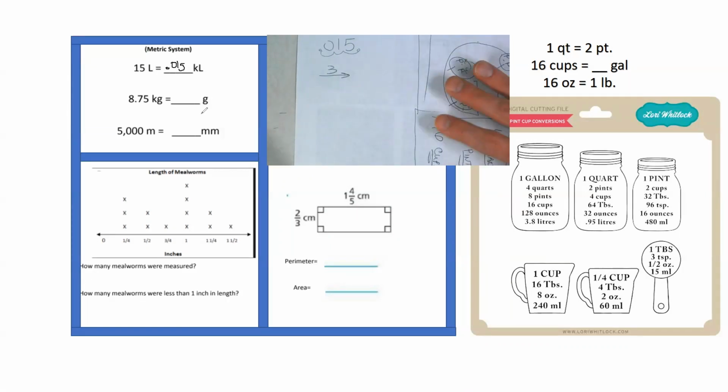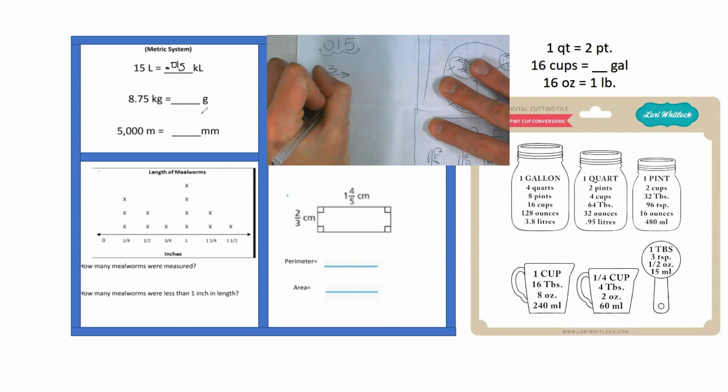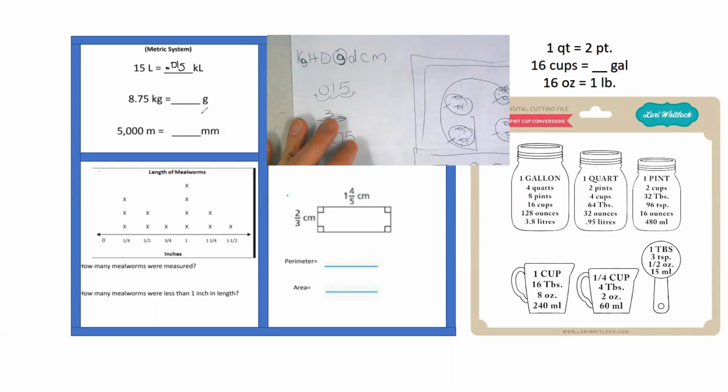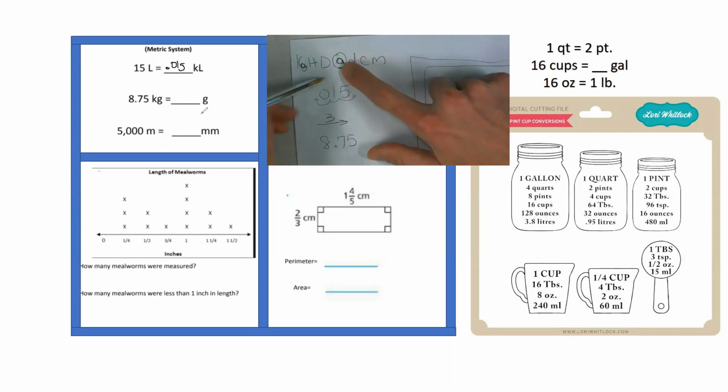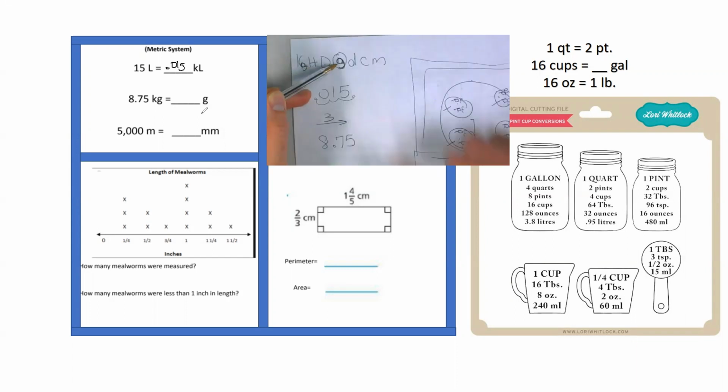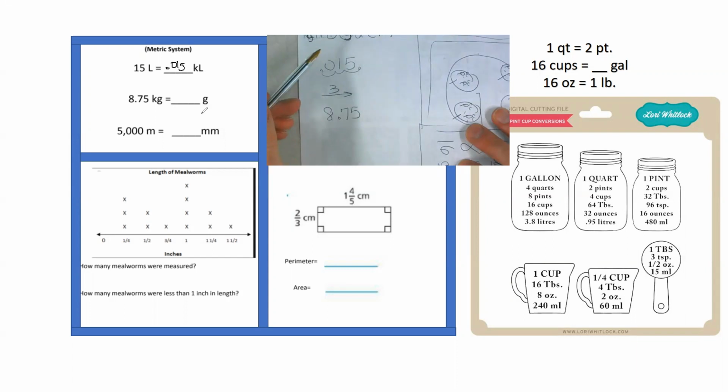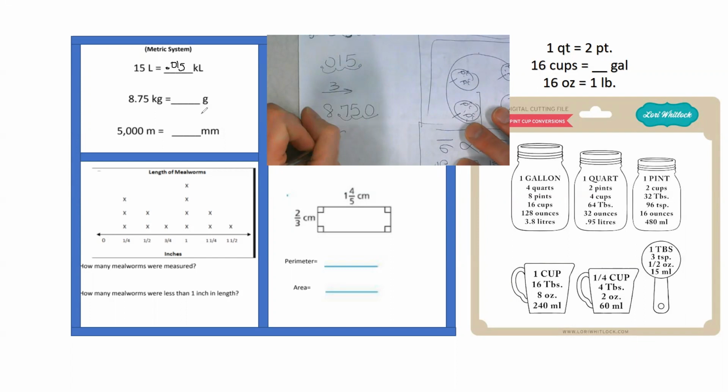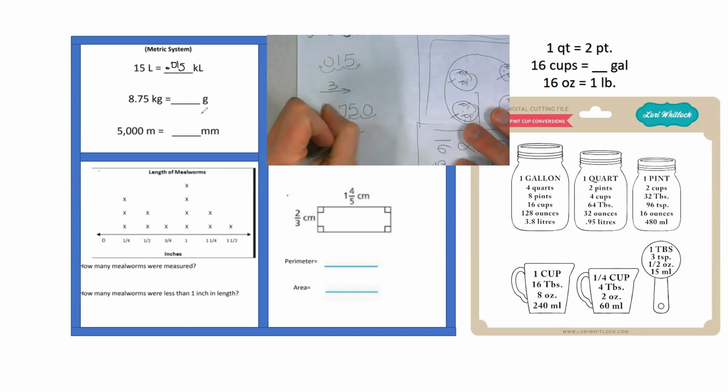I'm going to put down my 8.75. And did I say left? We're going to move right 3, 1, 2, 3. And then we're going to go from kg to g. So we're going to move it right, 1, 2, 3. And the answer is going to be 8,750.